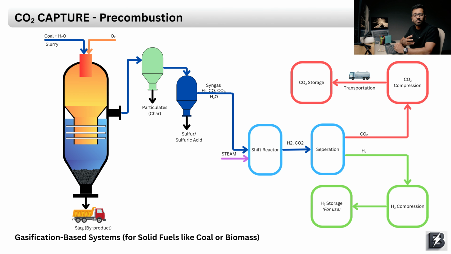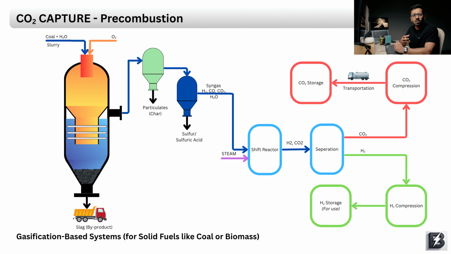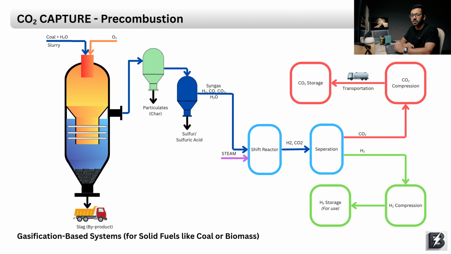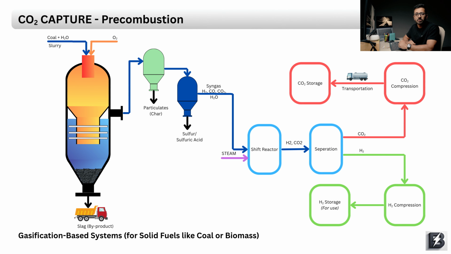The fuel doesn't fully combust. It breaks down into a gas mixture called syngas. Syngas mainly consists of hydrogen, carbon monoxide, and carbon dioxide. Before anything else happens, impurities like ash and sulfur are removed to protect downstream equipment.